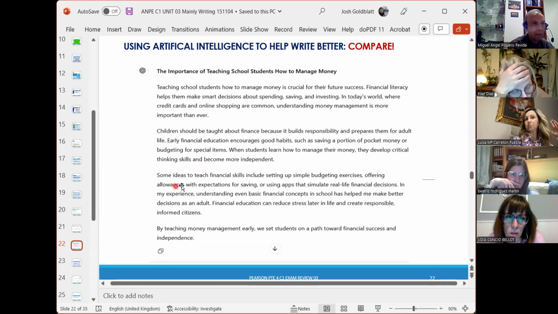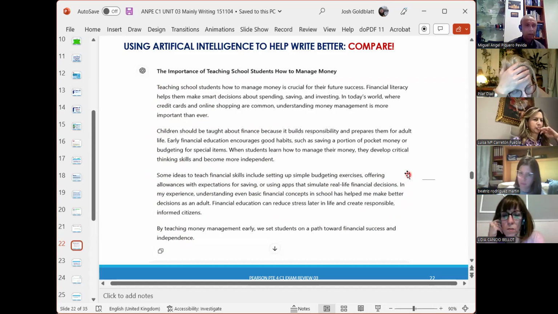Then it's got some more examples. And then right at the end, in my experience. So it has definitely answered the question in a very good way. And it's given lots of examples. Saving pocket money, budgeting for special items, credit cards, online shopping, spending, saving, investing.